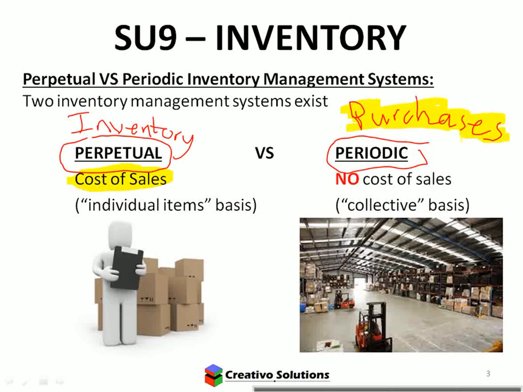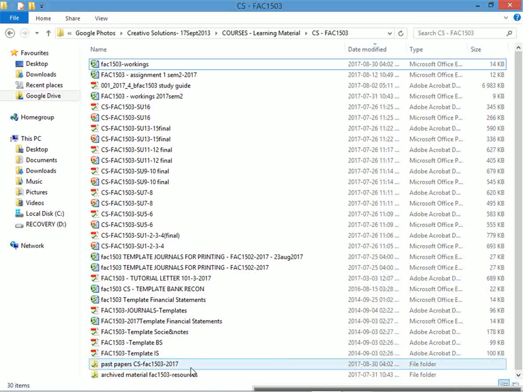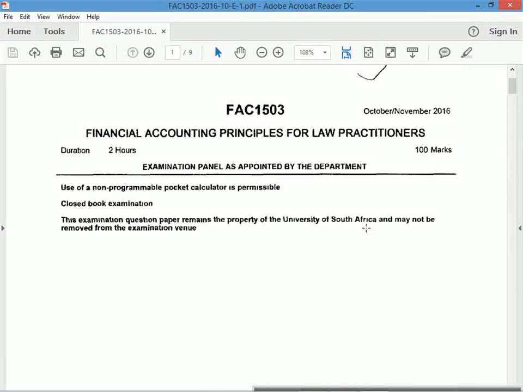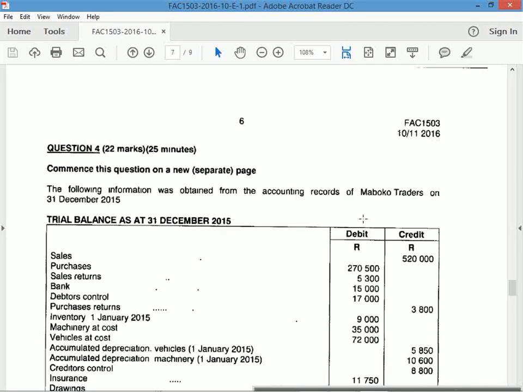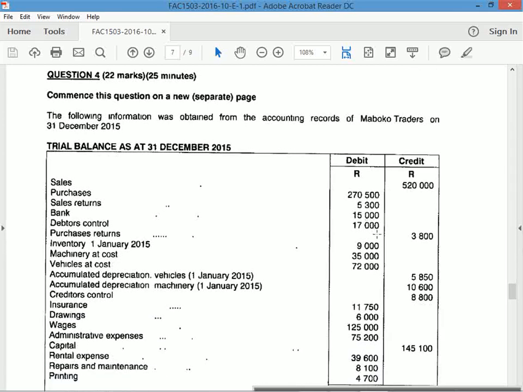You've got the October-November 2016 exam there by you. Just turn to, I think, question 3. Question 3 had a trial balance, if I'm not mistaken. Here's the past paper. Where's the trial balance? Oh, question 4. In question 4, you have a trial balance, debit side, credit side.